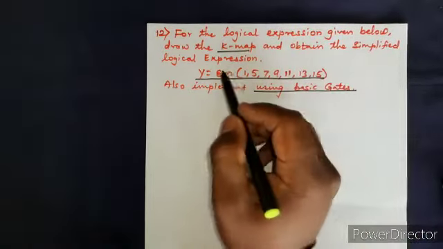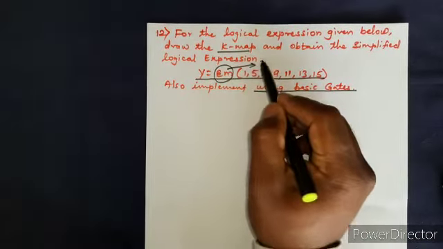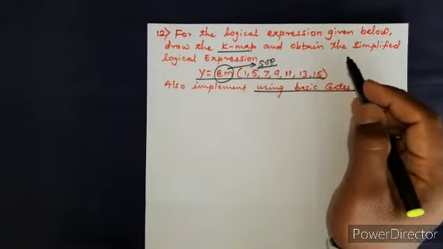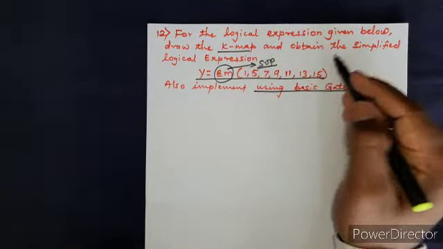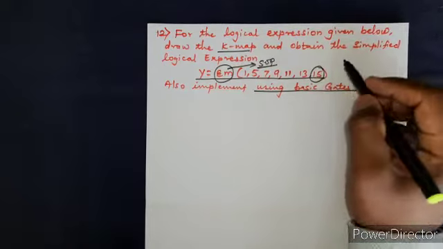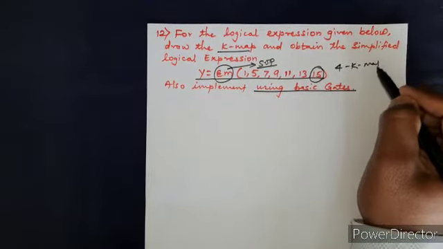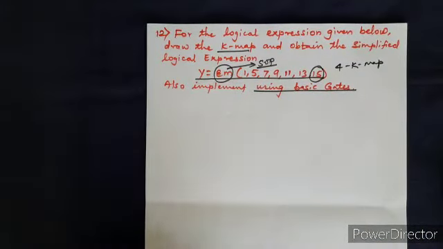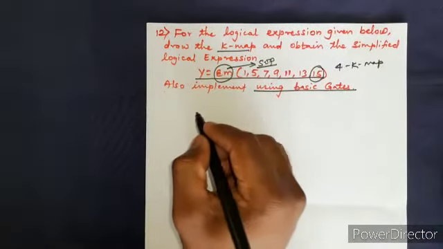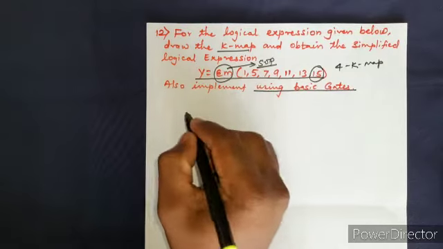So from the equation, one thing is clear, that this is SOP. Another thing, as the largest or highest value is 15, this becomes a 4 variable K-map. Okay, so just let me draw a 4 variable K-map here.